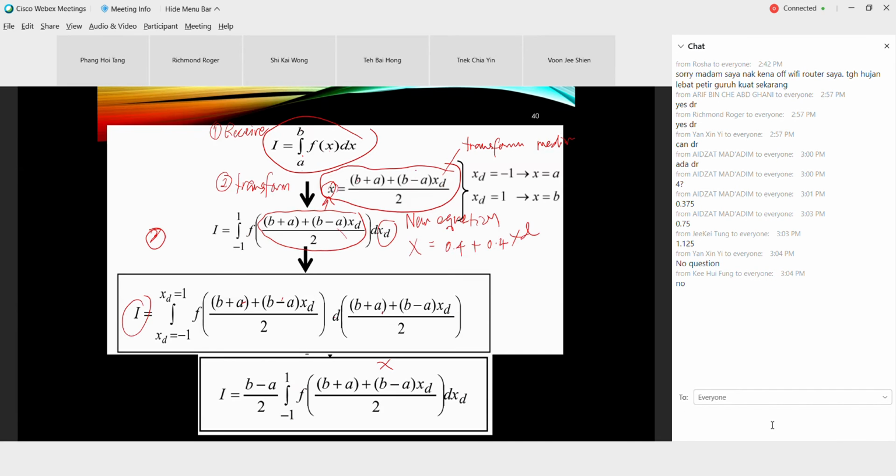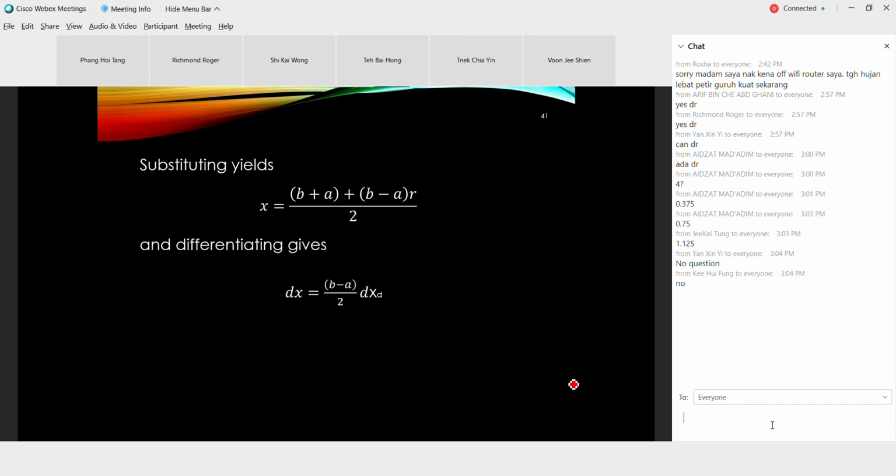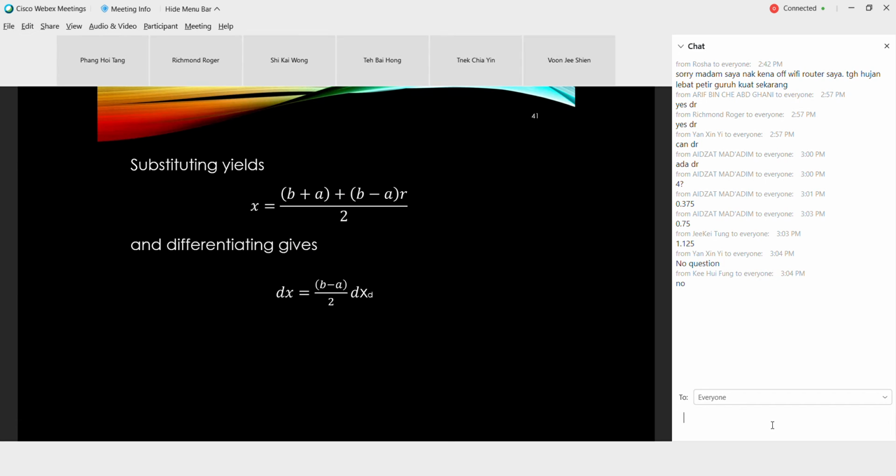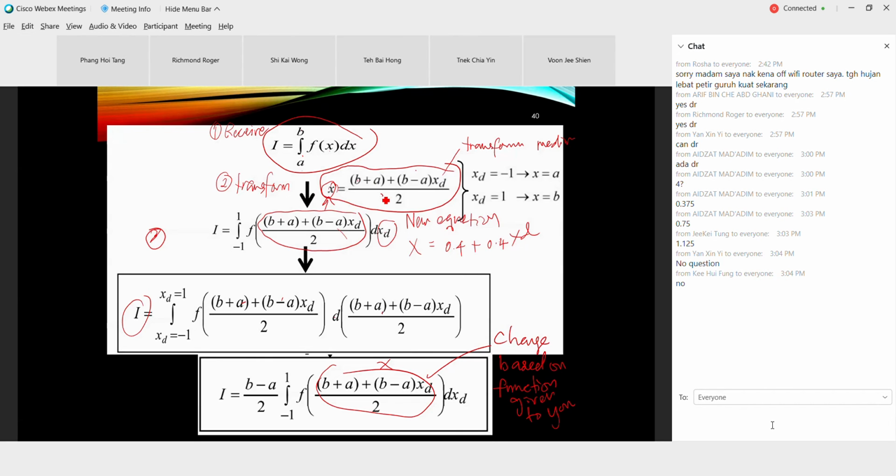When given the function, this value needs to change based on the function given to you, and you add the weightage. This is step number 2, transform. This equation is the same as this equation.